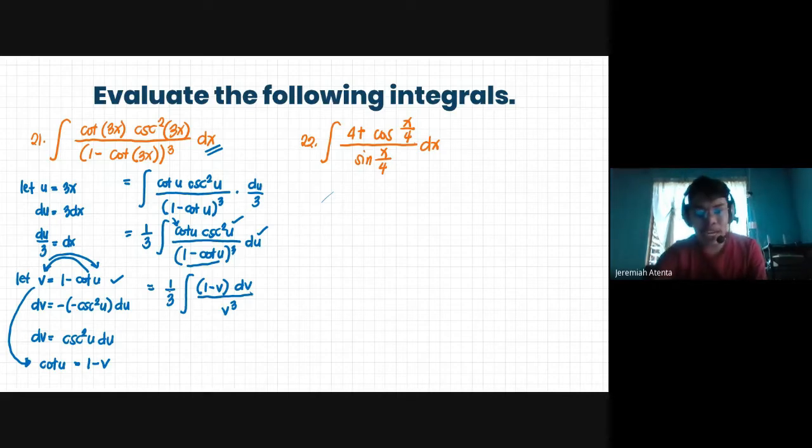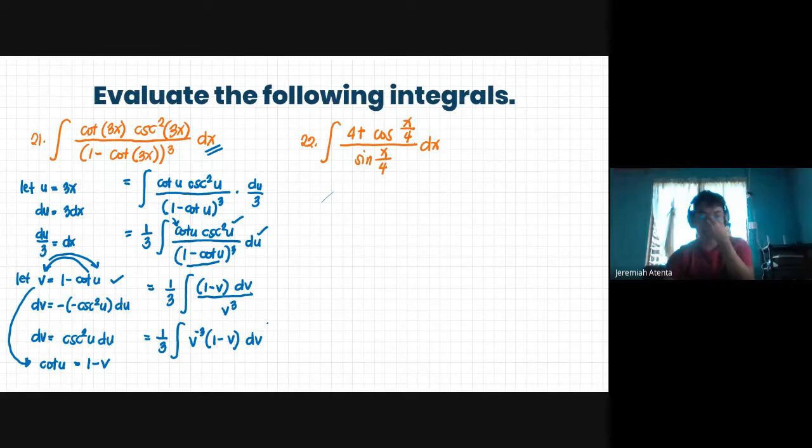Okay? And after that, we can move the v to the power of 3 up. So this will become 1/3 integral of v to the negative 3 times 1 minus v dv. Right? And from that, we can distribute.